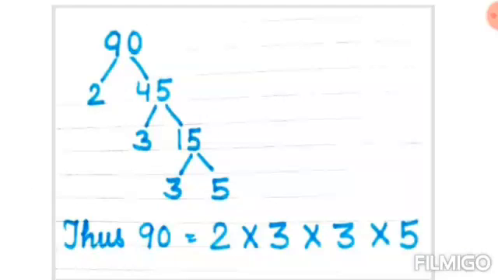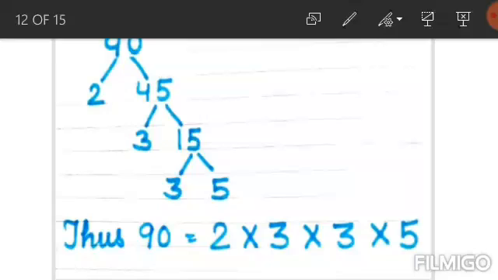Now next question is 90. Again the process remains same. We will take the prime number to divide the 90, and 90 is even number. When we divide 90 by 2, we get 45.